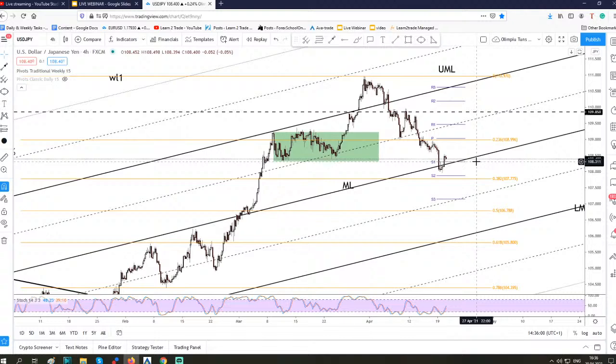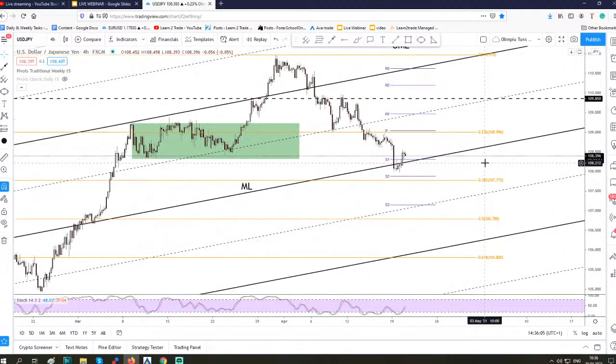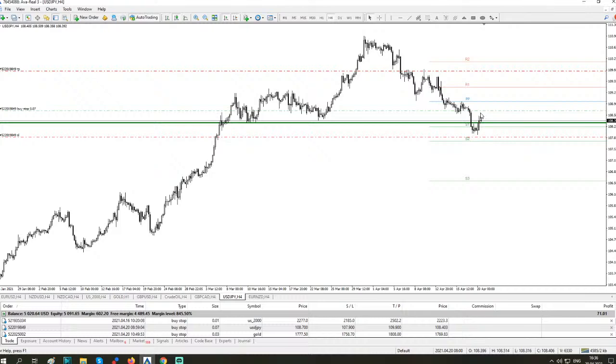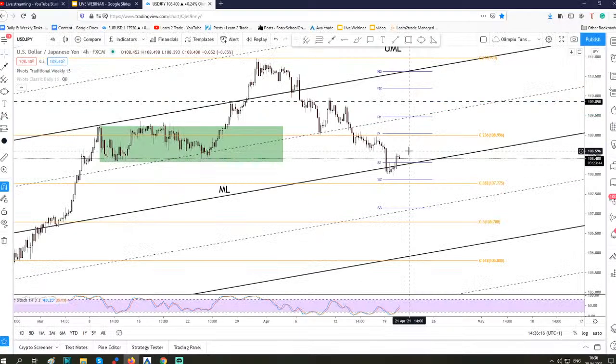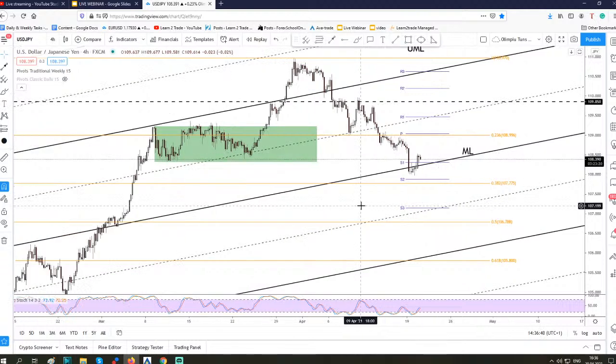So that's why we decided to place a buy stop here right above today's high, and let's see if the price will reach our entry level and if it will continue higher. Maybe it will test and retest here the weekly support, the S1 at 108.30, also the medium line before jumping higher.